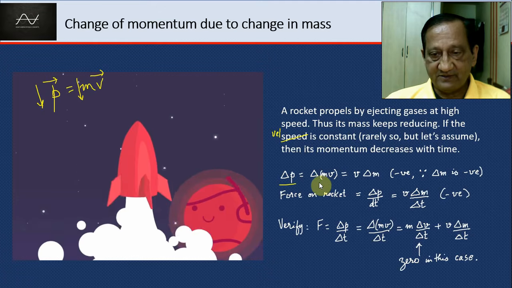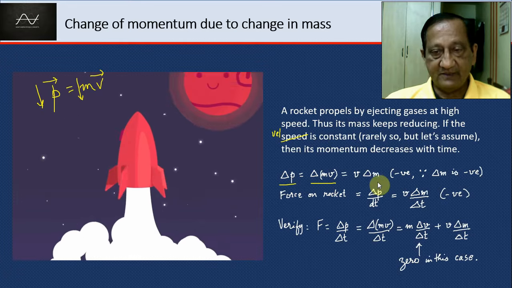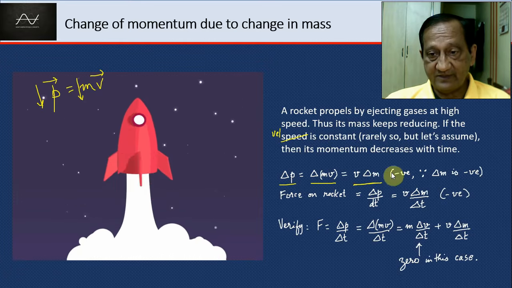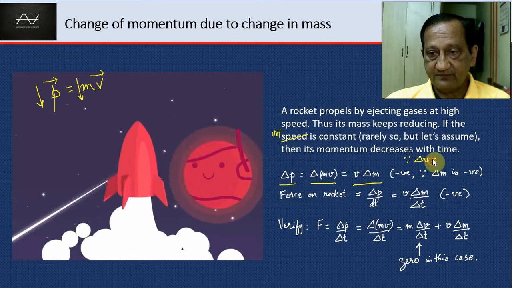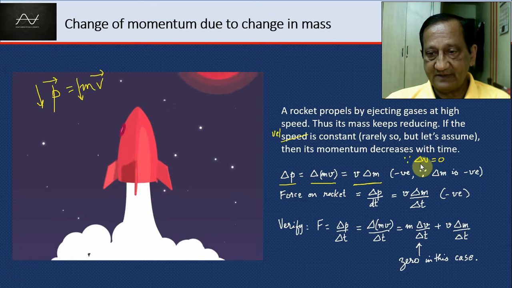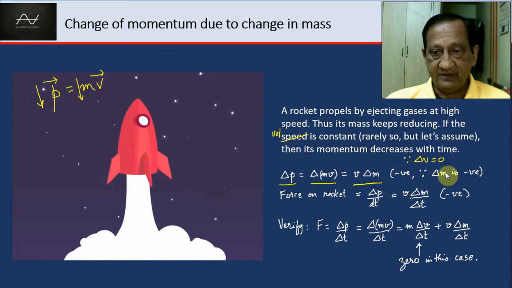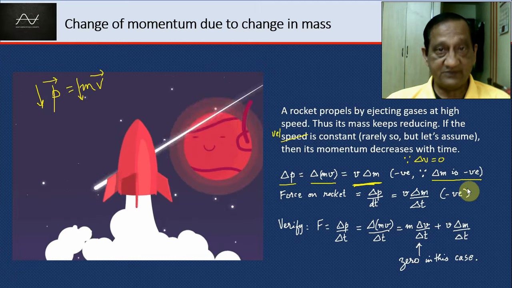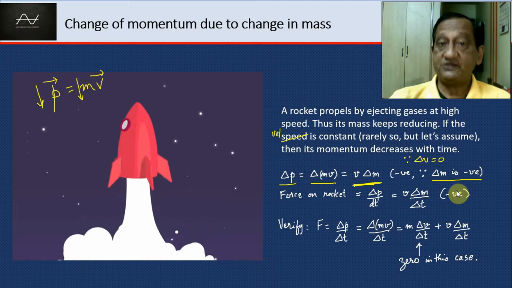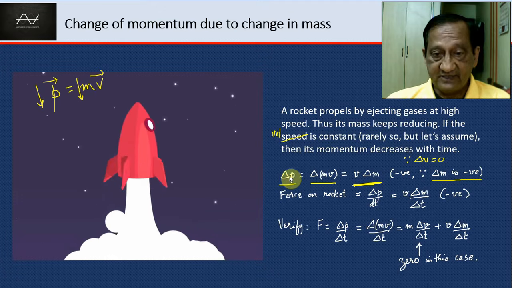Delta P is delta mv always, but that is equal to V delta m in this case because delta V is 0. The second term, that is m delta V, is 0. So it is only V delta m, but delta m is negative because mass is reducing. Change in mass is negative. So this delta P is negative.